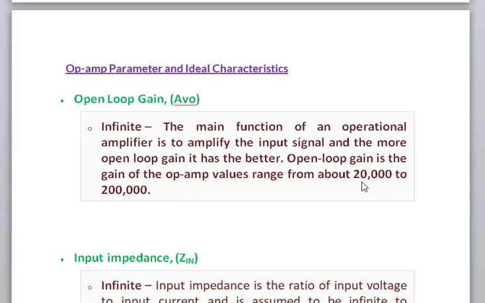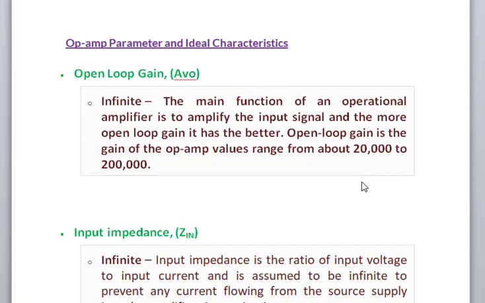Now we go to the op-amp parameters, the characteristics of the operational amplifier IC 741. Open loop gain: it has an infinite open loop gain. What is open loop gain? It is the gain produced by the operational amplifier.